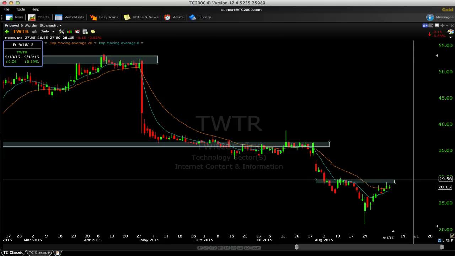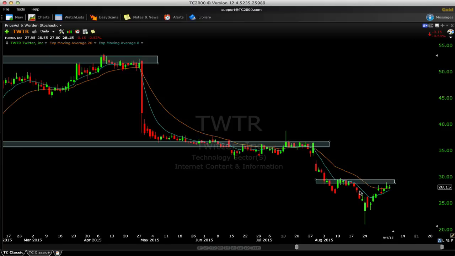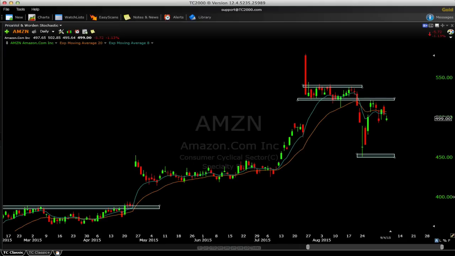But for now, it's trying to hang in there. Back above 29.50, which would be these August highs, right in this range here, would start to make this chart slightly more constructive in Twitter. Now, if we look at some other names, Amazon, incredibly wide risk range here as well.